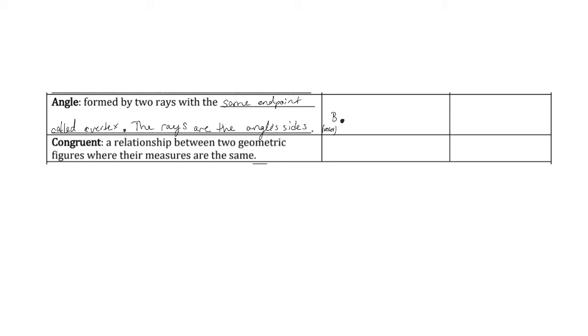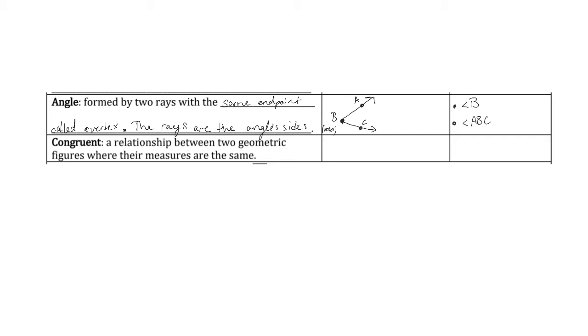Then we have a ray going this way with point A, and a ray going this way with point C. Ray AB or BA is a ray, and ray BC is a ray, and together they are both the angle sides and they create an angle. We can represent this angle as angle B, or angle ABC.